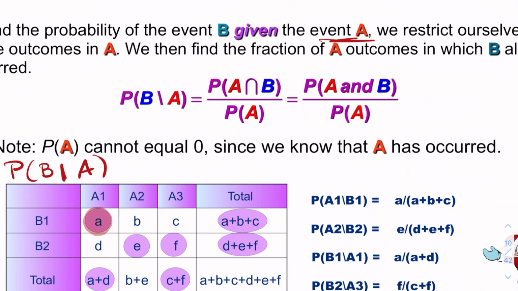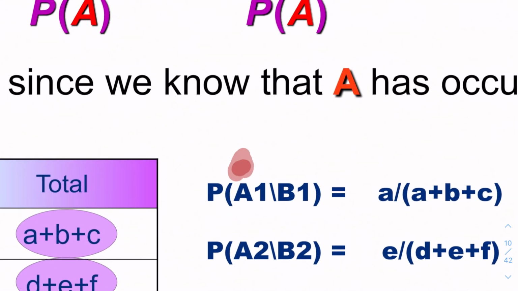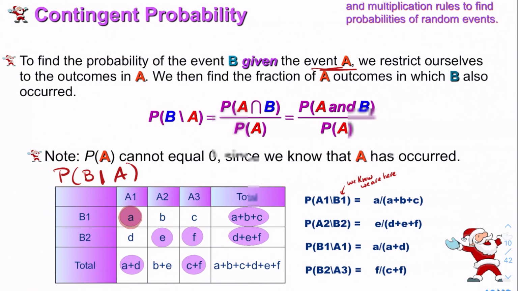So, okay, let's be specific. What is the probability that A1 happens given B1 already happened? We know we are here. So in this case, I want you to look at what's the probability that A happened given we're in B1.